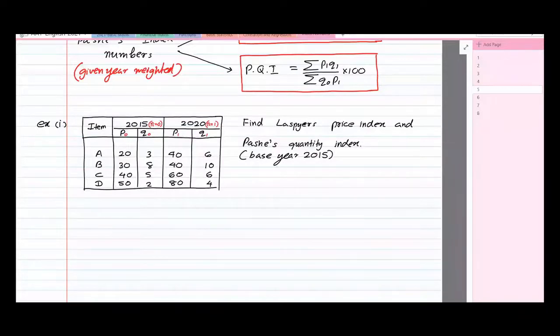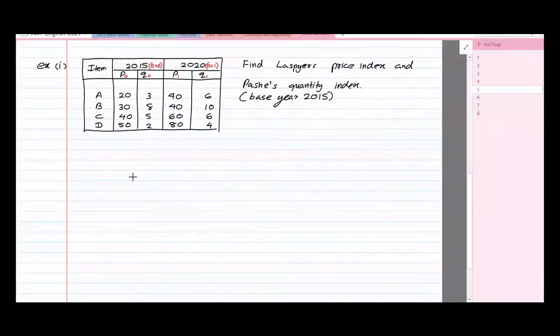First you put the pattern of the table: P naught, Q naught, and for 2020, P1, Q1. After that, think about the formulas. First we are going to find the Laspeyres index.